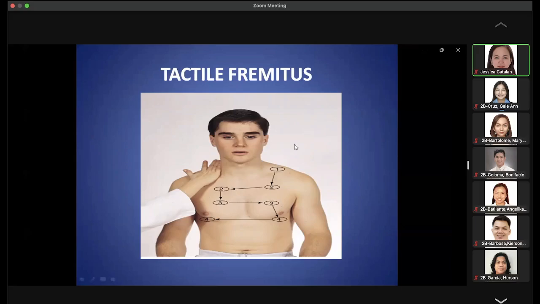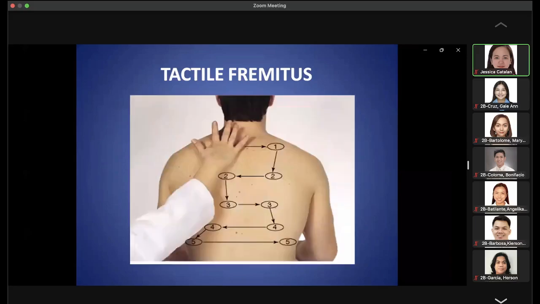Okay. So in this technique, in this image, you do the inching technique. So 1, 1, 2, 2. This is to compare both sides right away. So immediately you can compare if there's abnormality on one side. Same with the posterior.